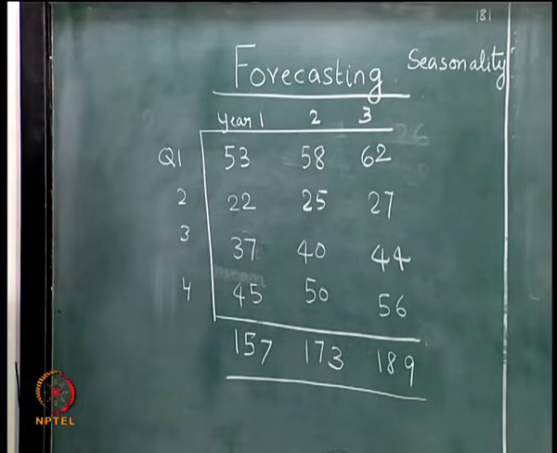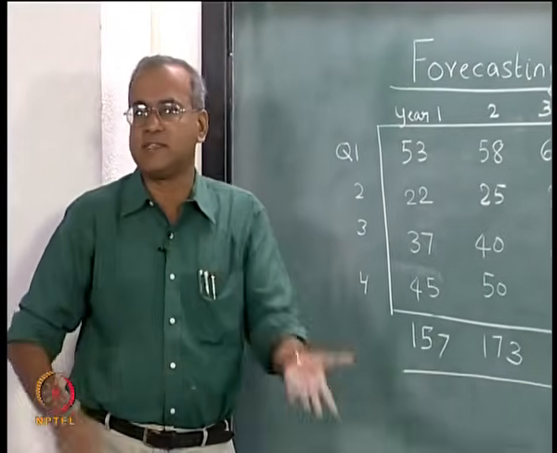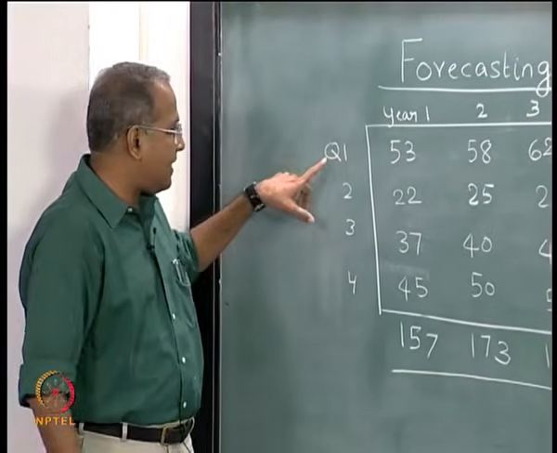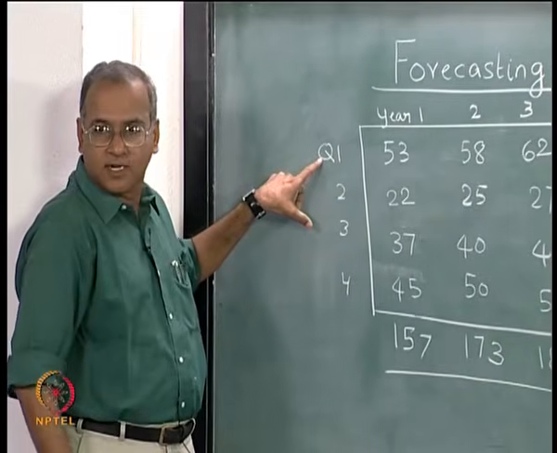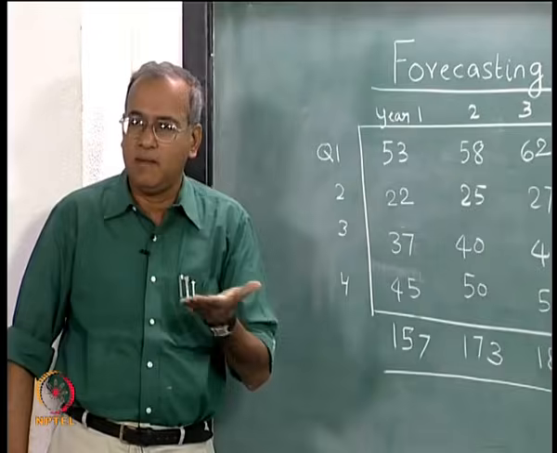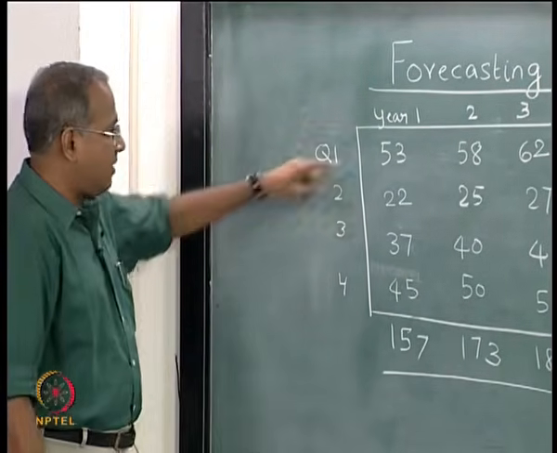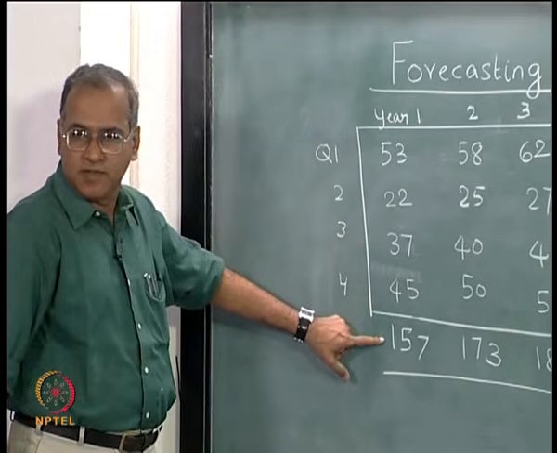Now, what we do is we try to associate a seasonality index with every season. So, the seasonality index associated with the first quarter is the proportion of the total demand met by the first quarter. So, that will be 53 divided by 157.